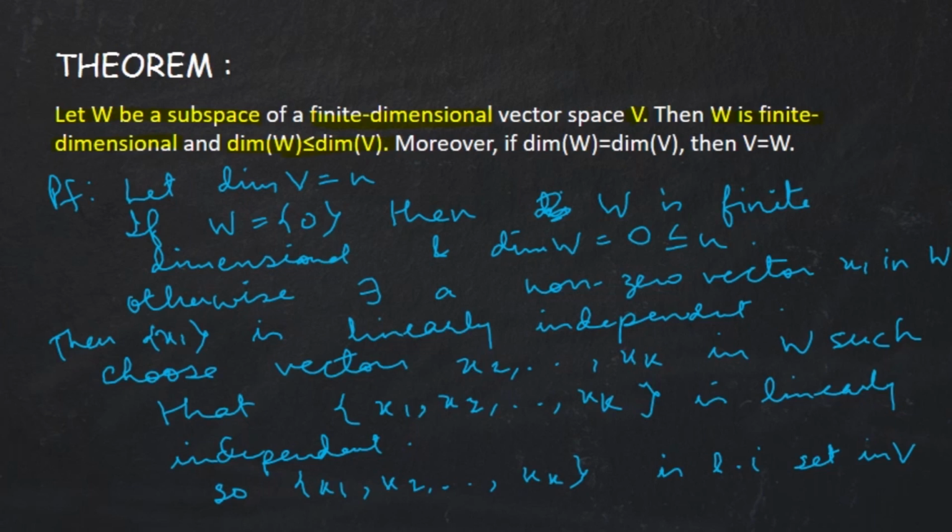So as dimension of V is n, no linearly independent subset of V contains more than n vectors.